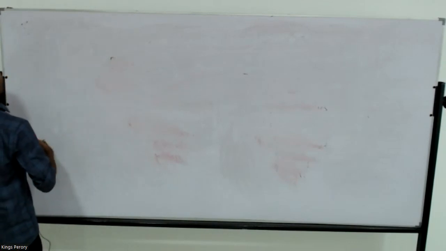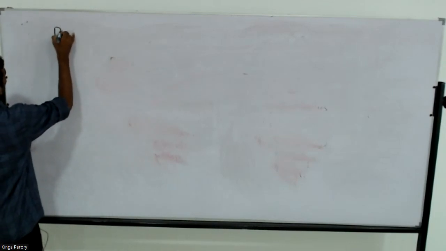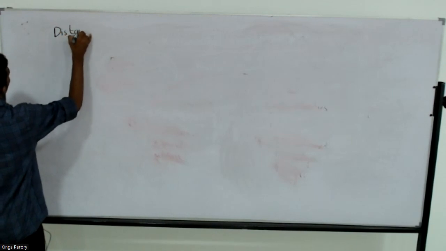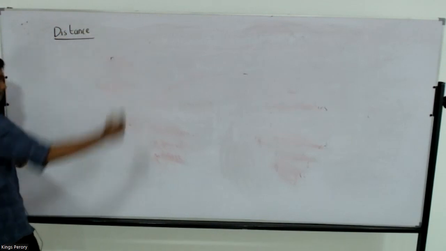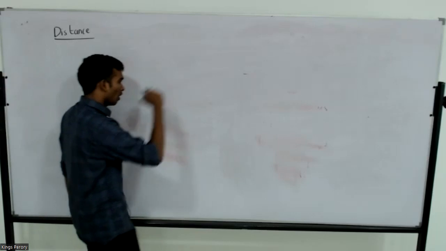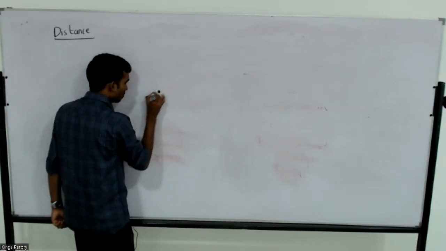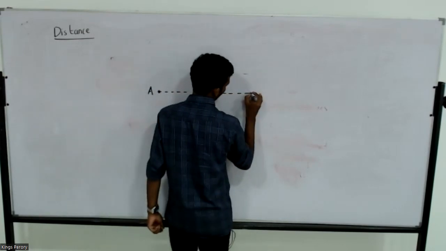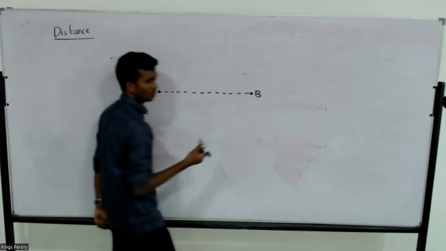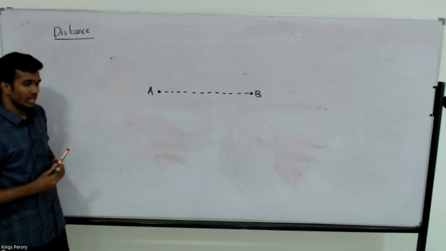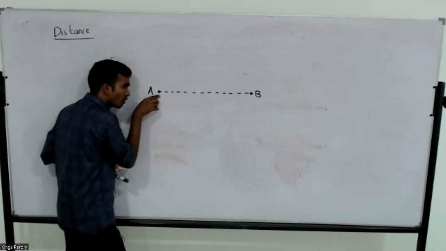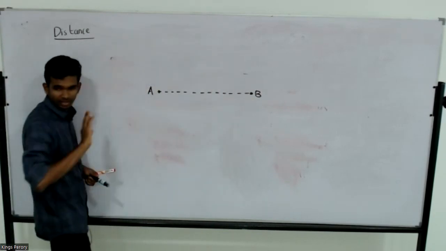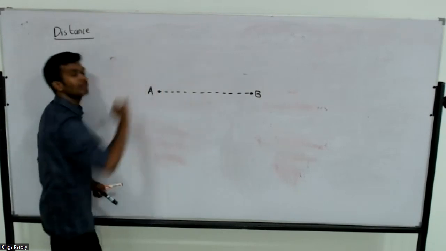Distance. Let's take, you wanted to go from A point to another place called B point. Let's take, you don't have a straight road from A to B. This dotted line, there is no road.